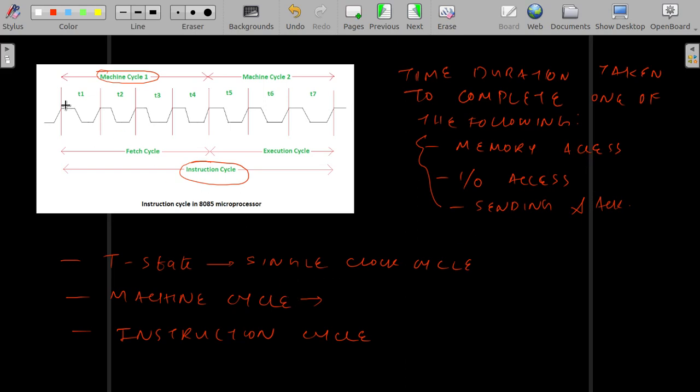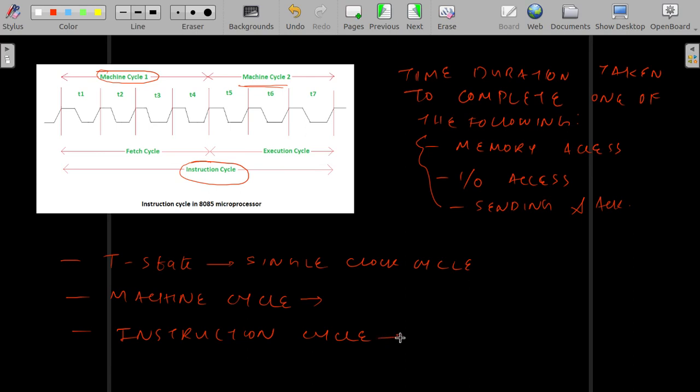So obviously for executing a machine cycle, it will require a certain number of T states. For example, here machine cycle 2, that is the execution cycle in this example, takes 3 T states, but the fetch cycle is taking 4 T states. It is just an example. So a machine cycle constitutes T states, and similarly an instruction cycle is a combination of different machine cycles.